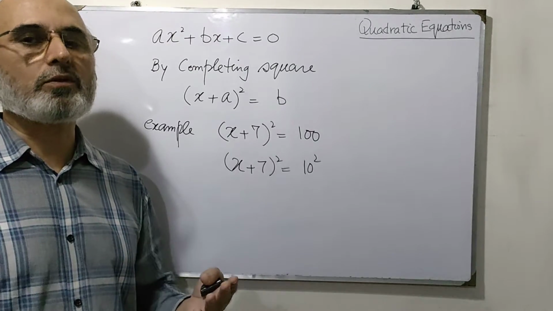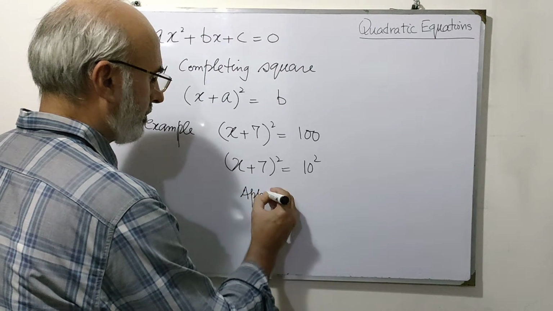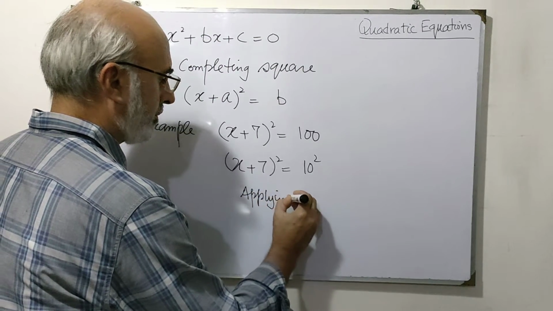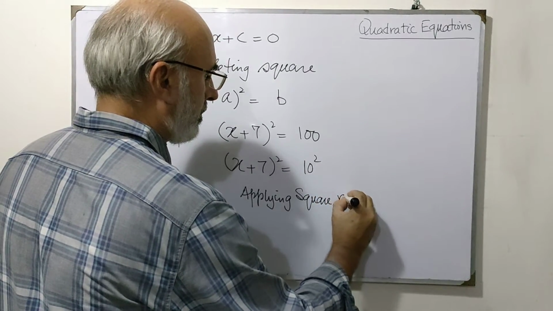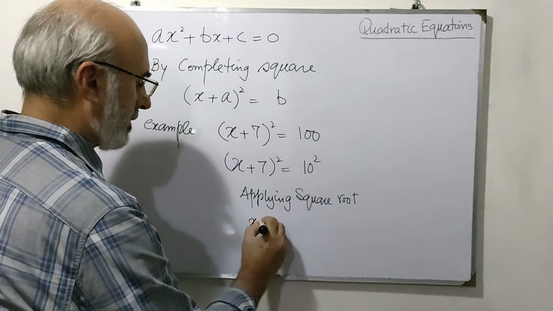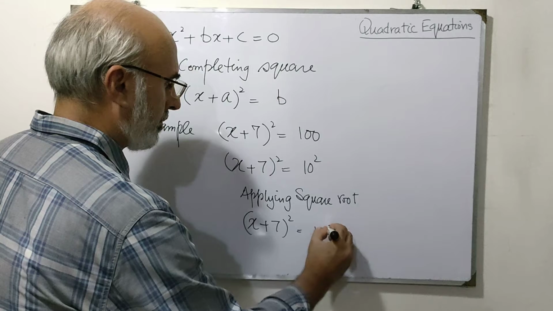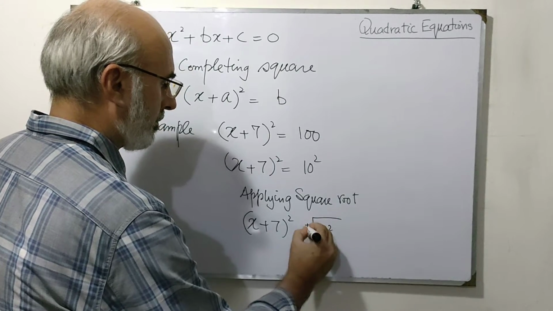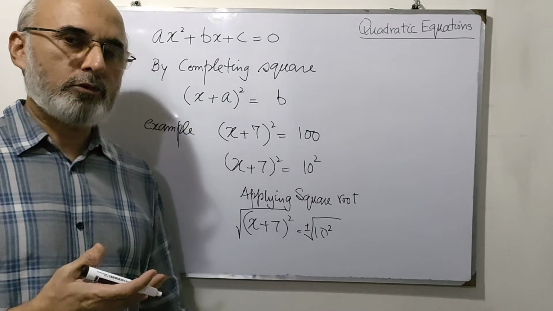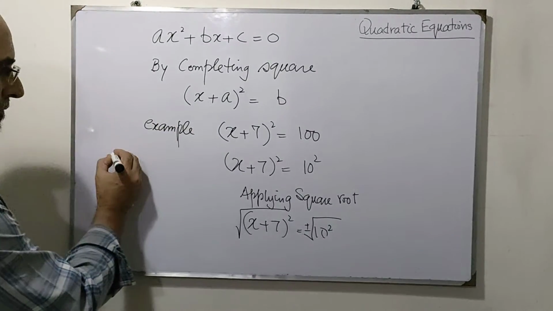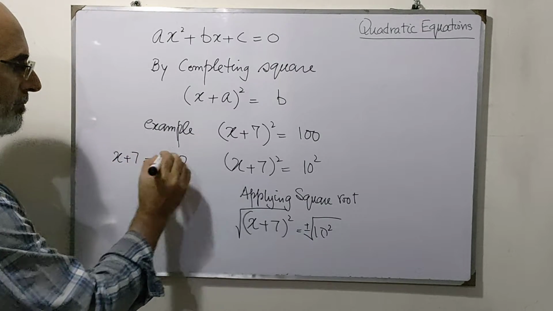We're going to take the square root of both the sides, applying the square root. So after applying the square root, what are we going to get? We're going to get x plus 7 is equal to plus minus 10.